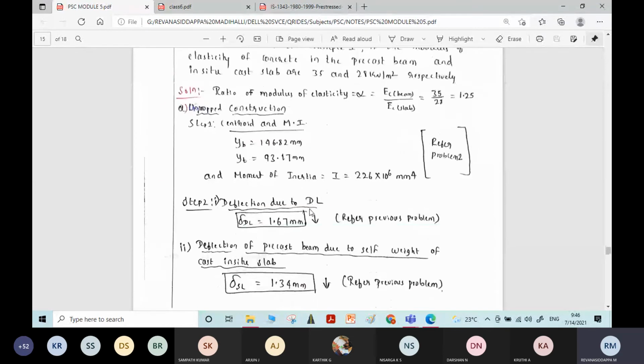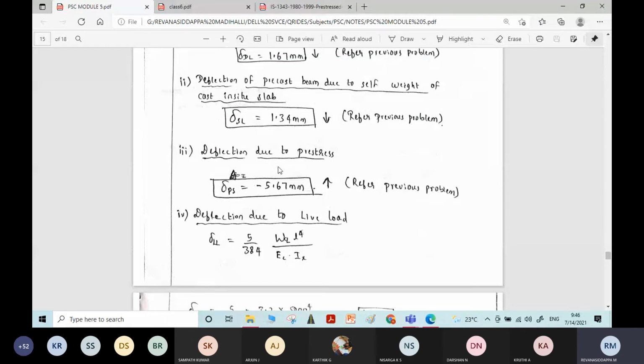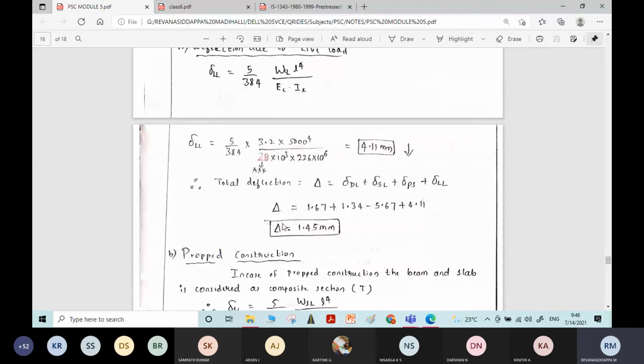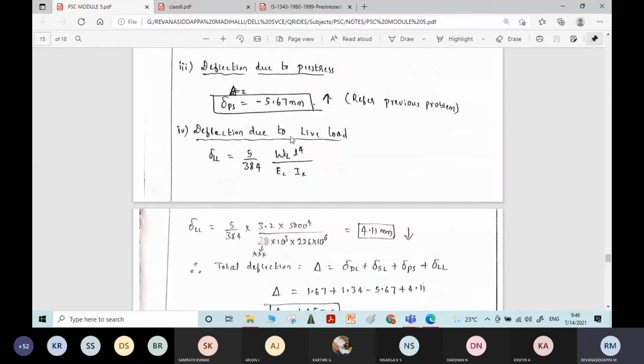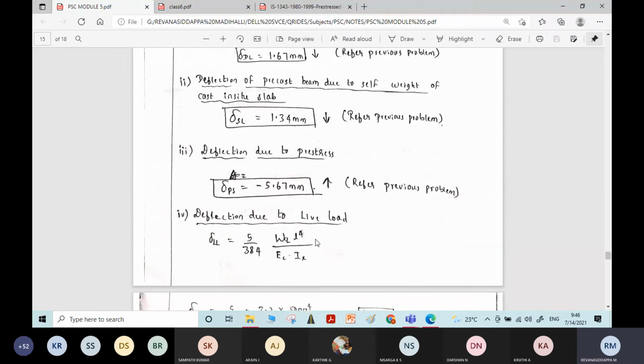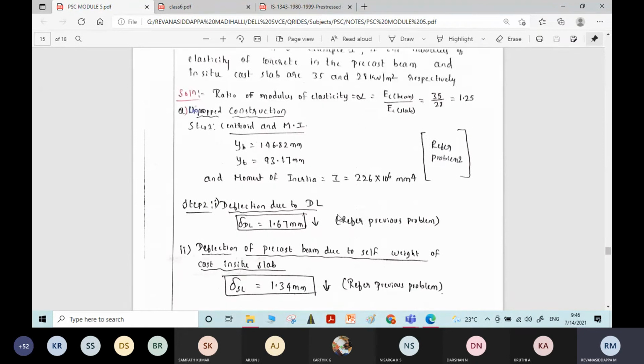Deflection due to the prestress is also the same. These three steps are the same, only there is a difference in calculating deflection due to live load. That difference is, while substituting Young's modulus, you need to substitute Young's modulus of the slab.